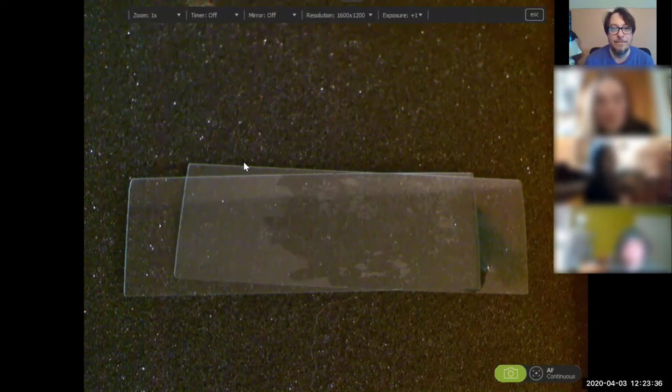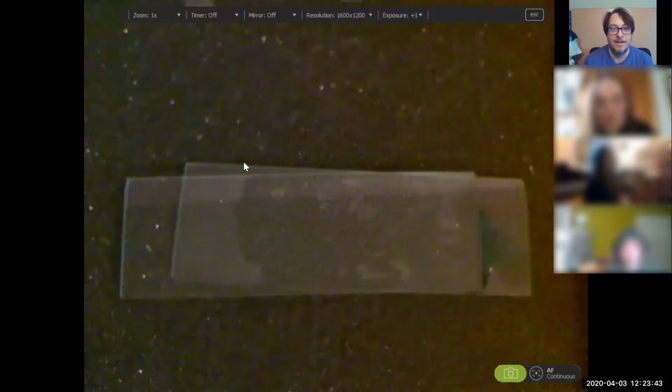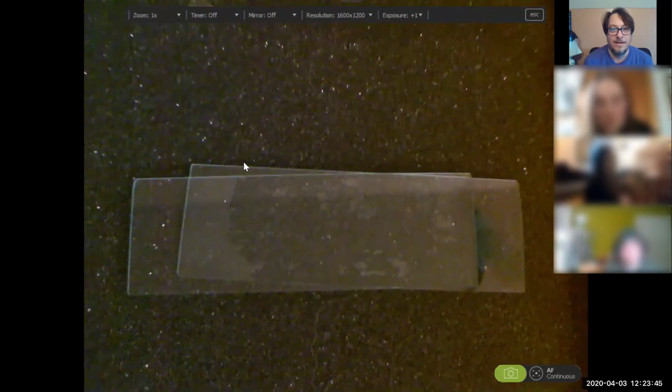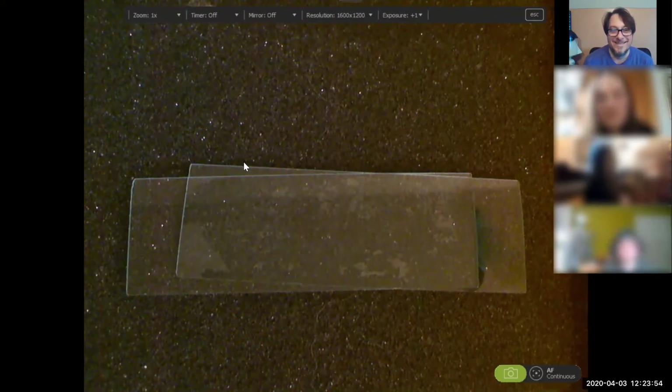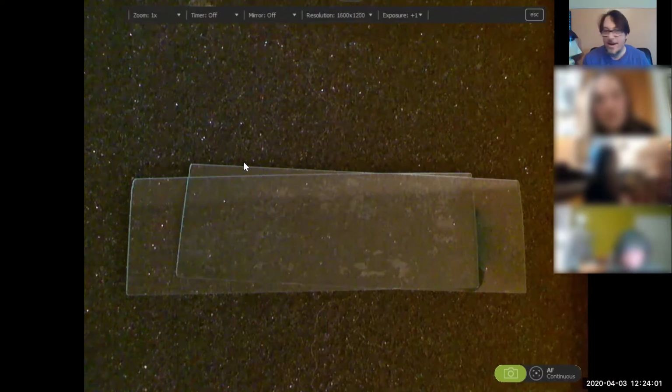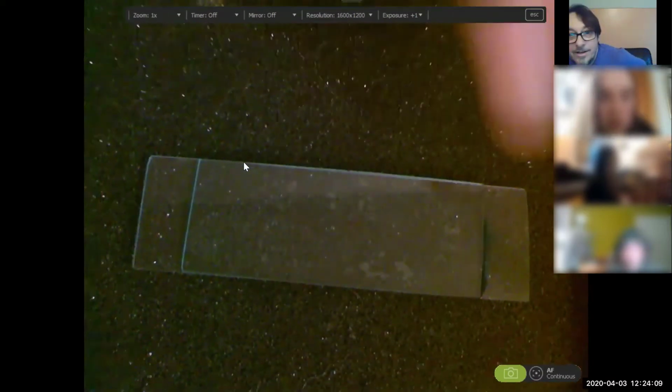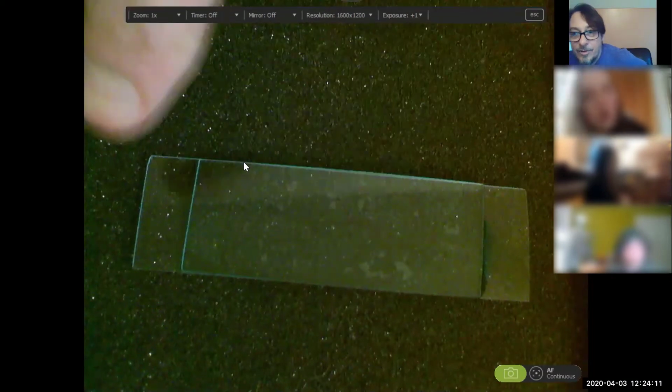What is it doing? It's spreading. Yeah, I would say that's a pretty good way to put it. It moved, and actually it's done now. It moved all the way from one end of the slide to the other.